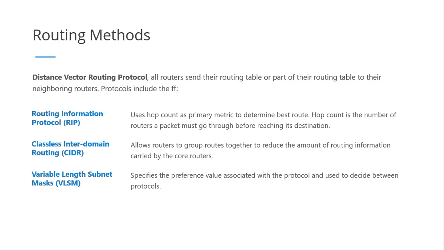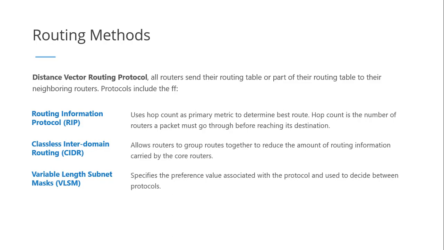Next, we have Variable Length Subnet Mask, or VLSM. VLSM, or variable length, is as opposed to the fixed length subnet mask. When we had a discussion of subnetting, if you can remember, we can use part of the host bits to be used as a subnet to be able to divide a single network into several subnetworks of equal number of hosts.